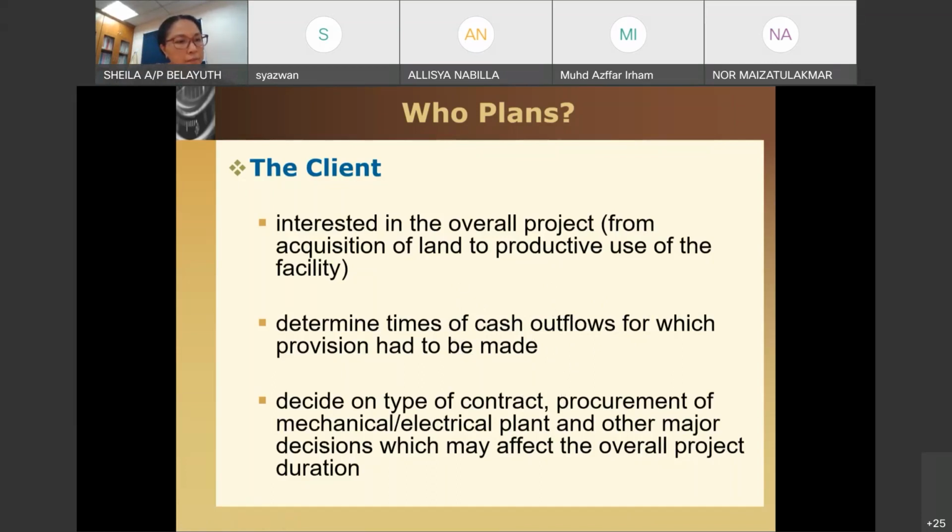Cuba bagi contoh sikit. Any type of contract that you have heard, that you have known?